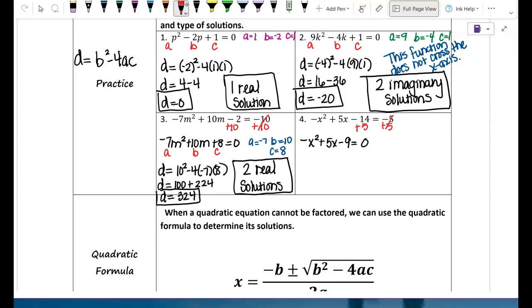Again, now I can identify A, B, and C. So in this case, A is negative 1, B is 5, and C is negative 9. And use those values to substitute in. So my discriminant equals 5 squared minus 4 times negative 1 times negative 9.